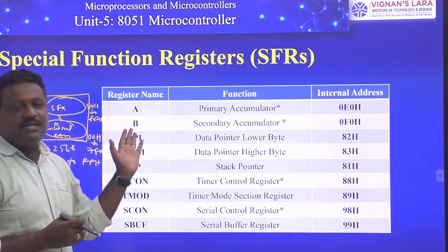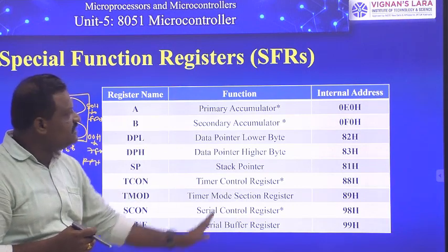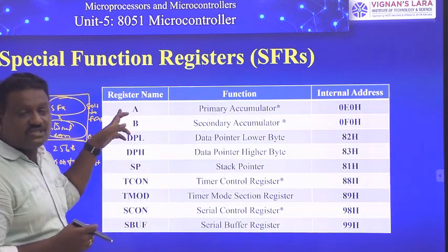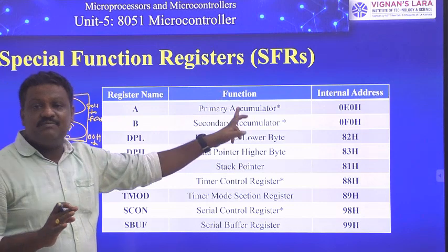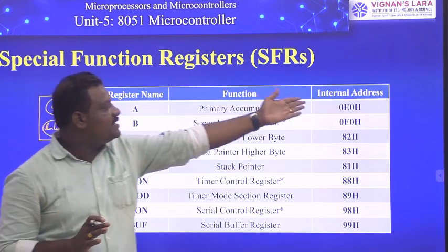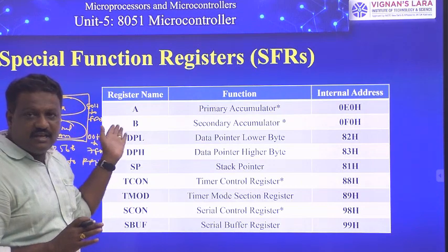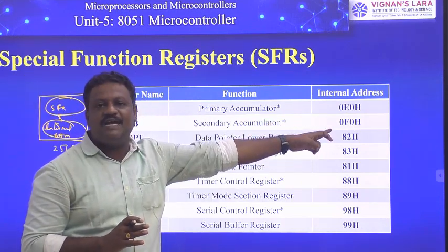So in this table, I provide the register name, its functionality, and its internal address. The first one is register A. In the architecture, I clearly mentioned this A is called the primary accumulator, whose address is 0E0H. Another one is the B register, which we can call the secondary accumulator, whose address is 0F0H.